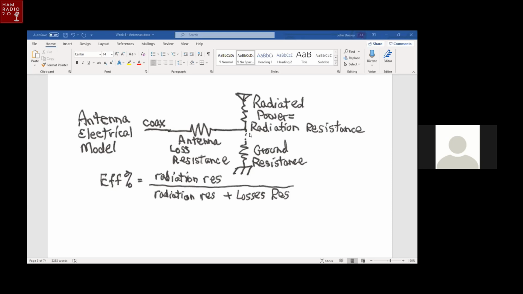Now, dipole antennas wouldn't have a ground resistance loss, but they would have antenna loss resistance in the wire, which is usually why a large diameter wire, large gauge wire, is good for dipoles. Some people use small gauge wire, very thin wire, for dipoles for one reason: you can hide them easier.